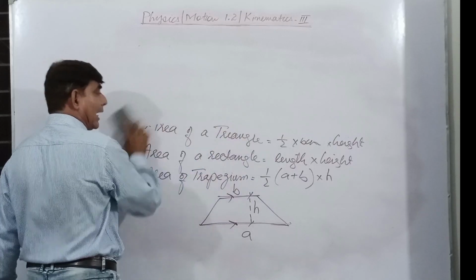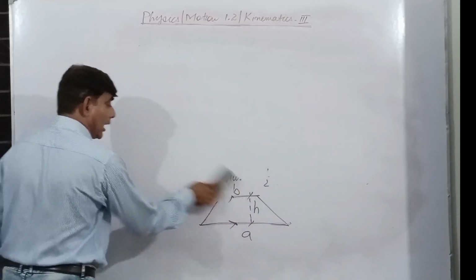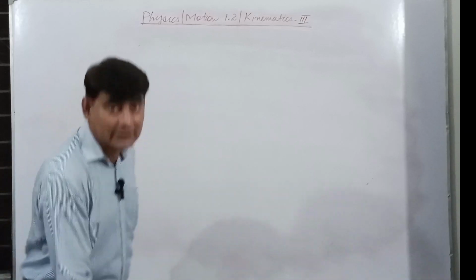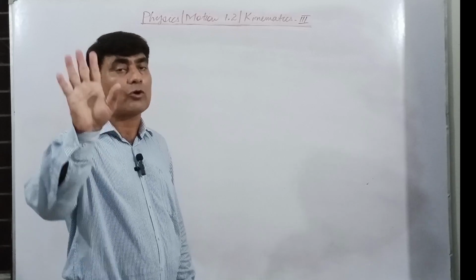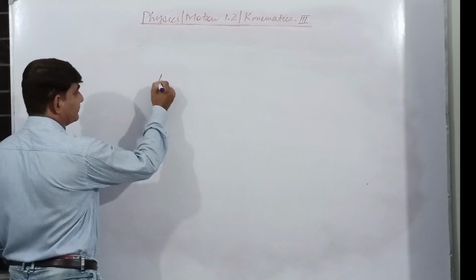One thing I have told you: we will discuss how the graph of free fall motion can be described, for example terminal velocity. Okay, listen.